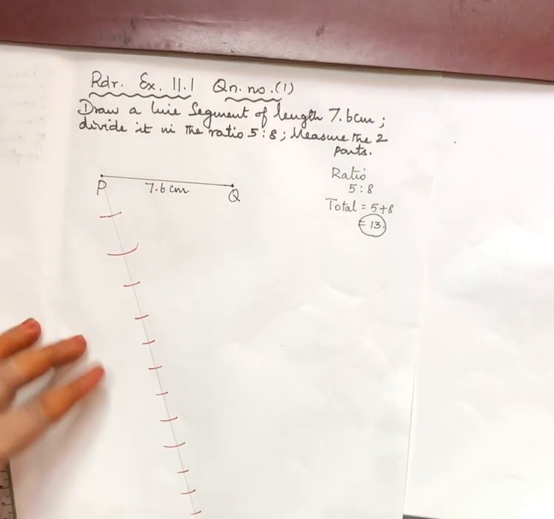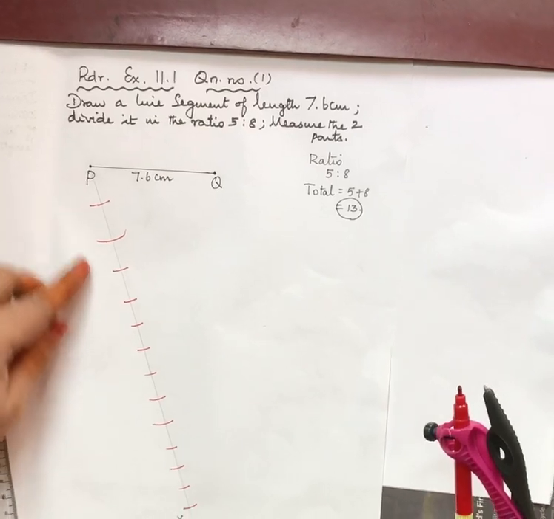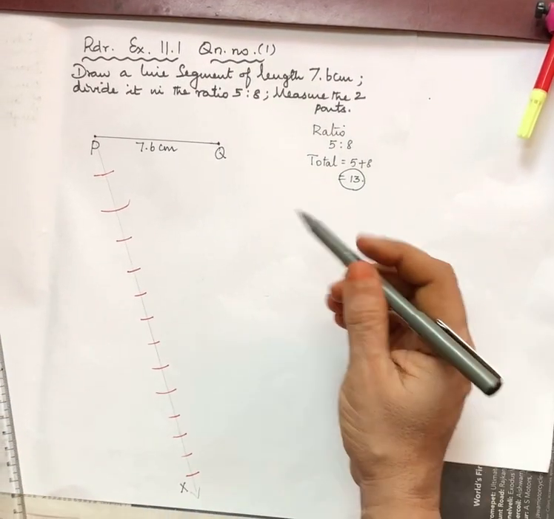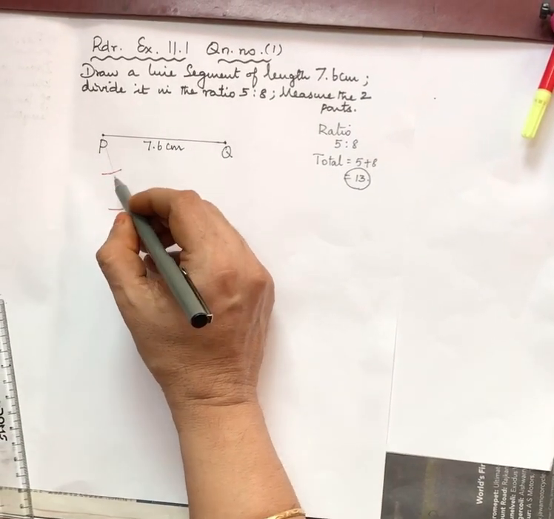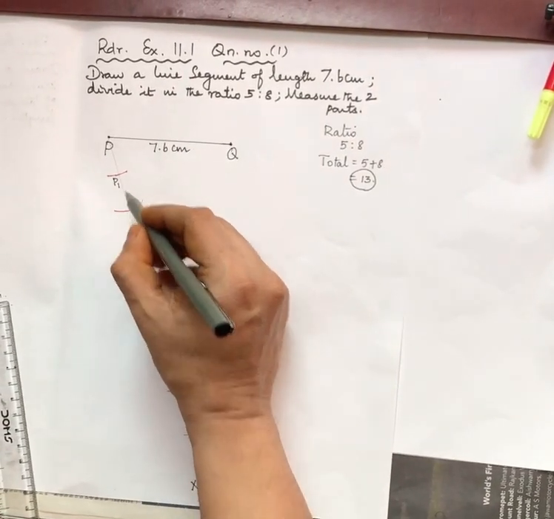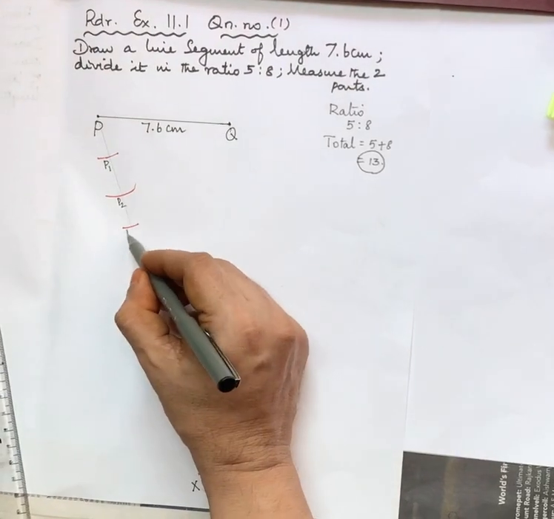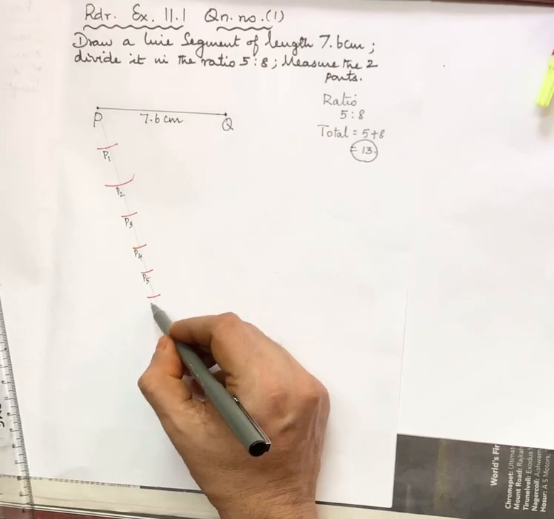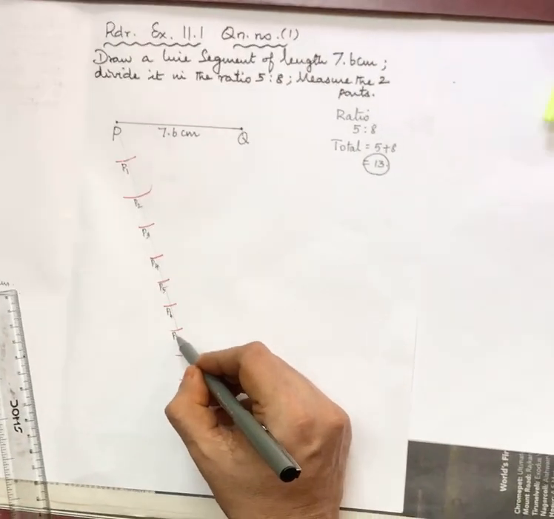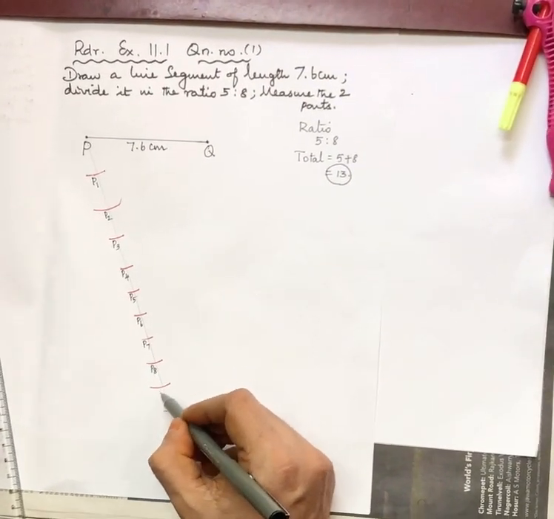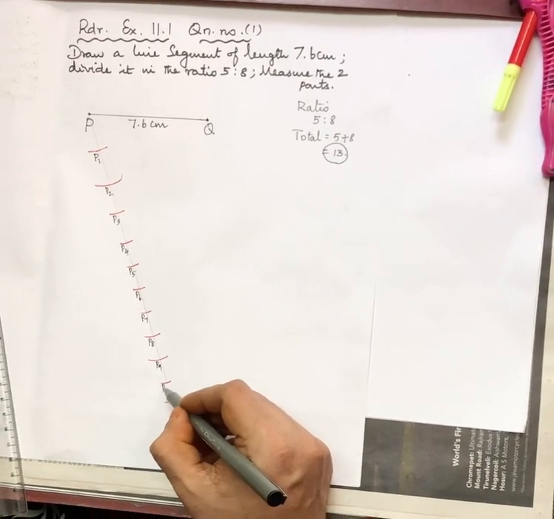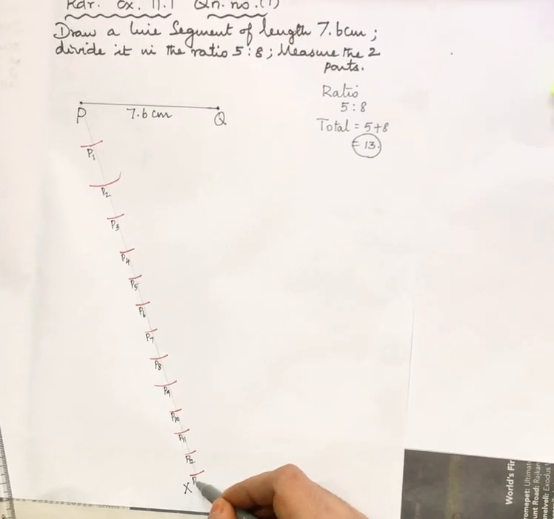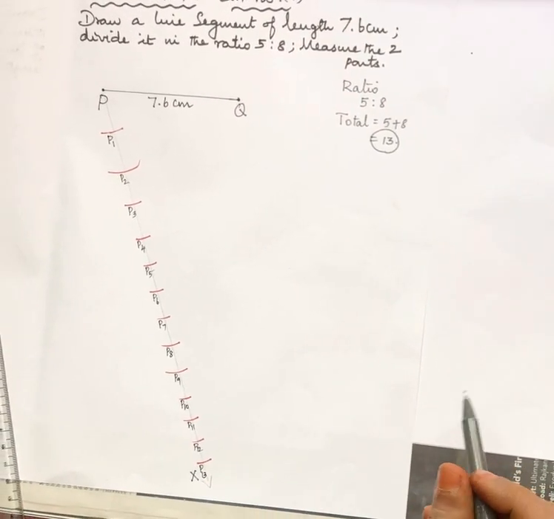So, I cut 13 arcs on the line segment PX. Now, name the arcs. I started from P. So, first arc is P1, P2, P3, P4, P5, P6, P7, P8, P9, P10, P11, P12 and P13.